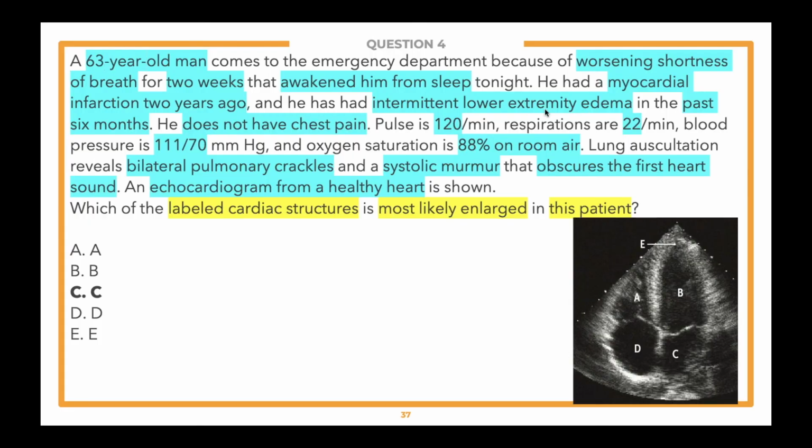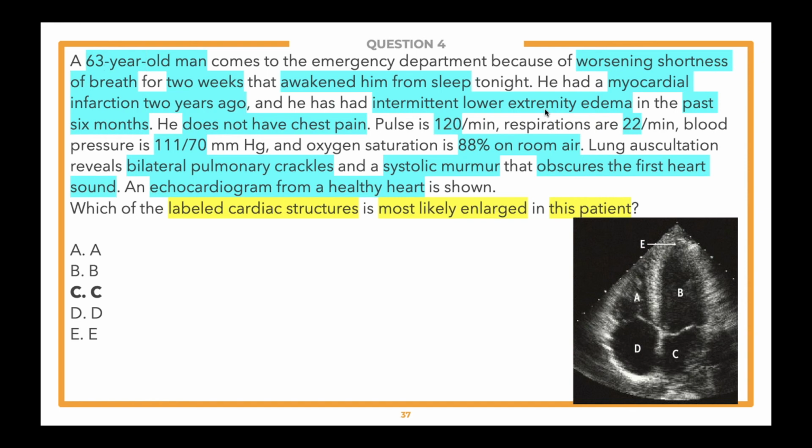Thank you, Sean. Yes, definitely another tough question. So let's take a look at what's going on. First step is figuring out what's going on in this patient. We know this patient has a history of MI, and they are having issues with oxygenation.